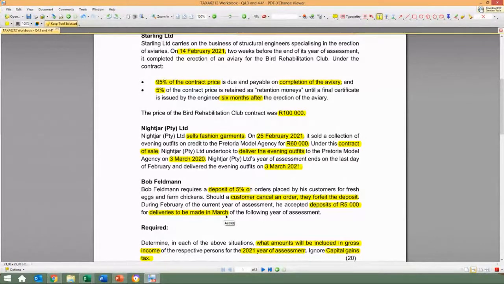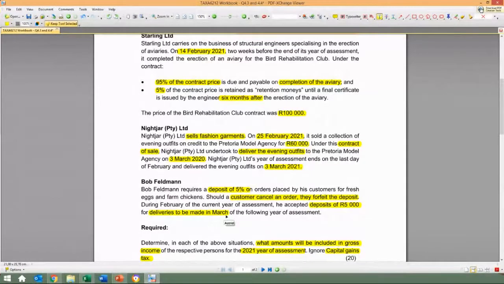Now, in this scenario, it doesn't matter if they continue with the order or not, even if they don't cancel the order, they forfeit the deposit. So in this scenario, you would be taxed when you receive that deposit because there's no further condition to repay it in terms of the contract.